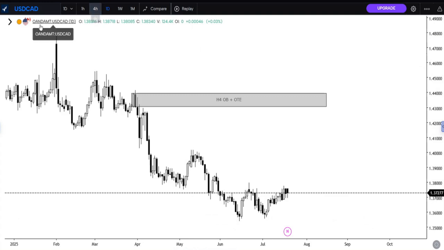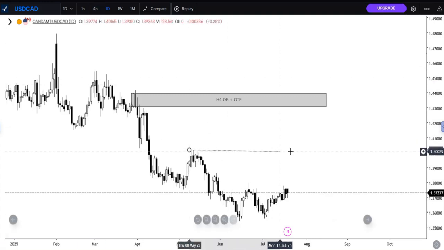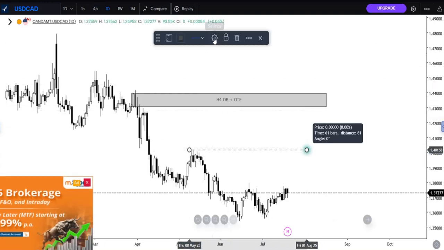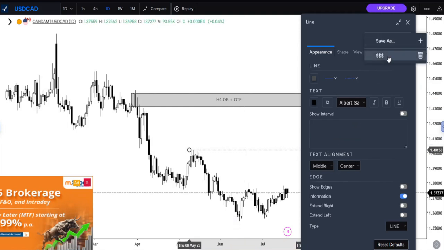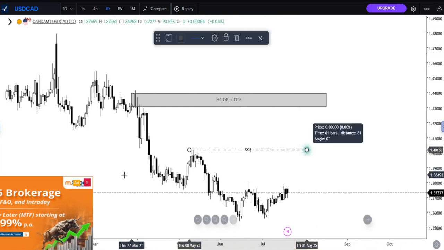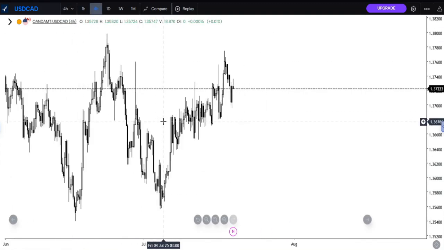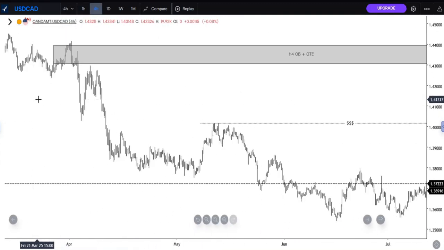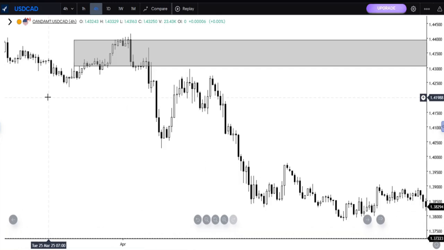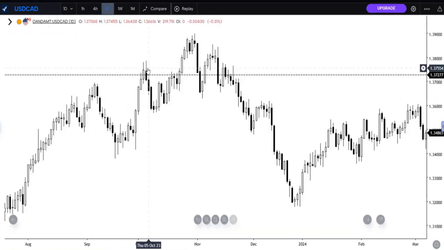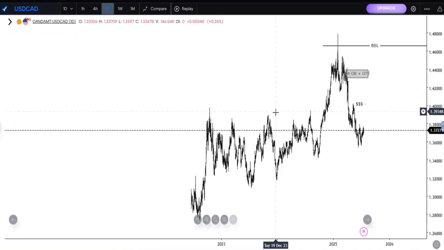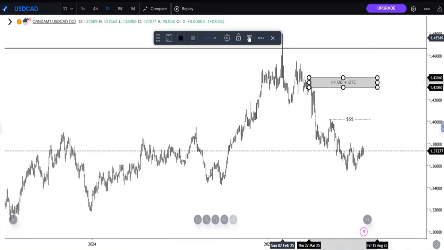Before I move to the 4 hour, this right here, this is liquidity, and I'm still on the daily. I don't know why I'm saying this is the 4 hour order block when it's the daily order block. But I'm still gonna use it. I'm just going to rename it daily, that's all.